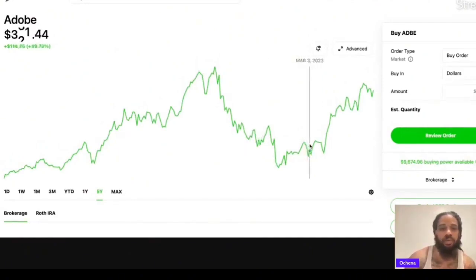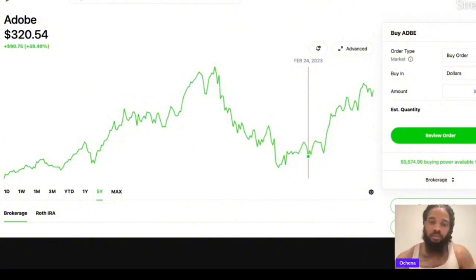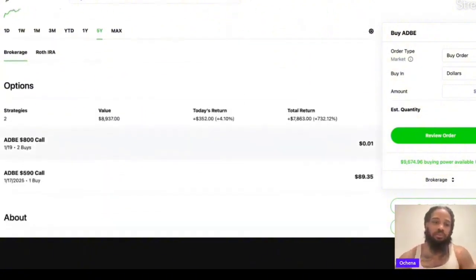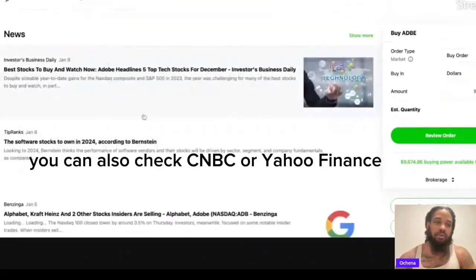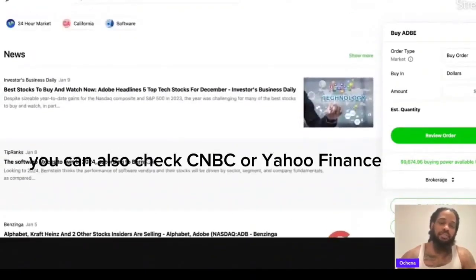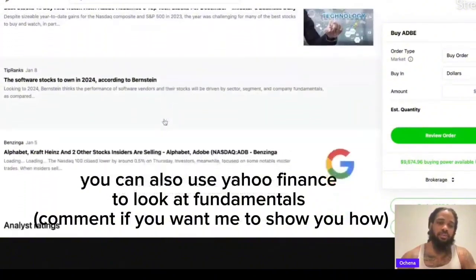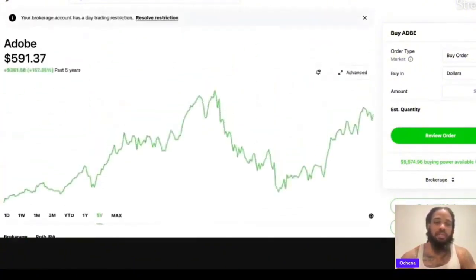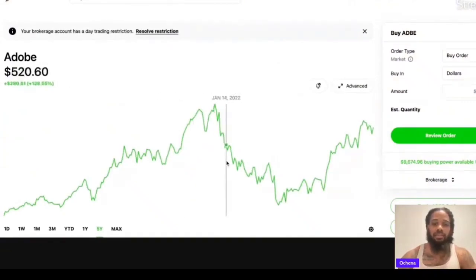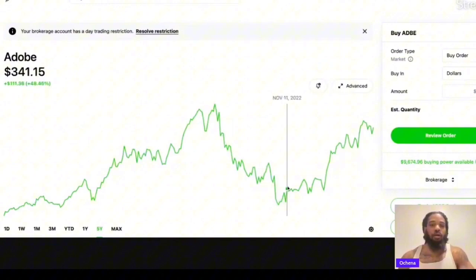So Adobe was about 320.54. What I realized was there's something in the news. If you scroll down, you can see different news stuff that pops up right here underneath the stock. It was a little something controversial happening with Adobe, but it wasn't based on their earnings and how profitable they are.